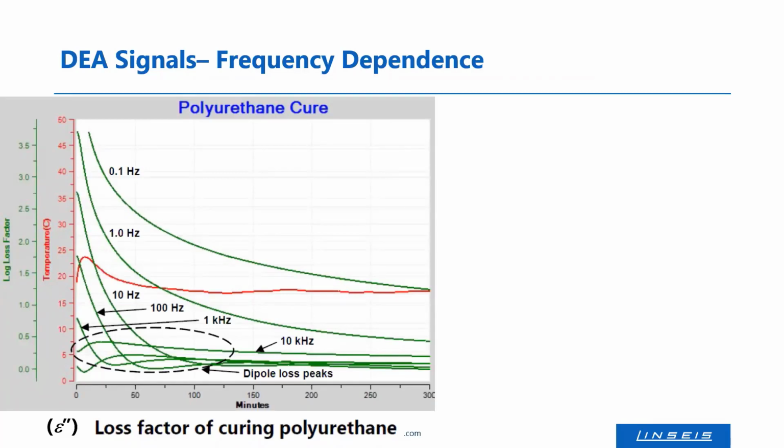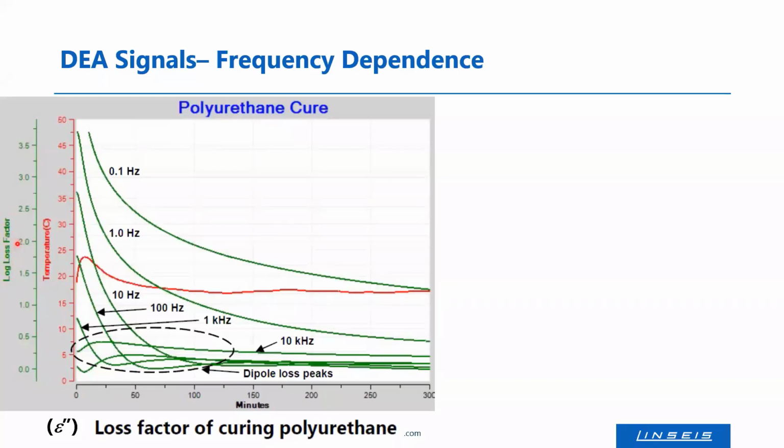The frequency dependence is important to realize, to perform good measurements, with a good result, with a good monitoring of the cure, and to find the correct frequencies for the measurements. It's quite easy. In a first step, you plot the so-called loss factor.